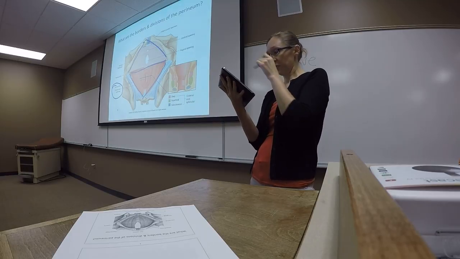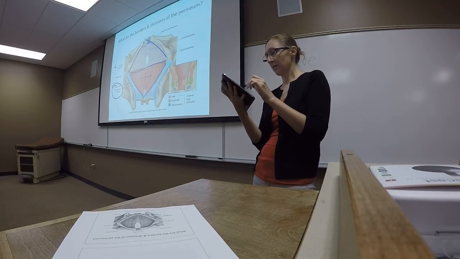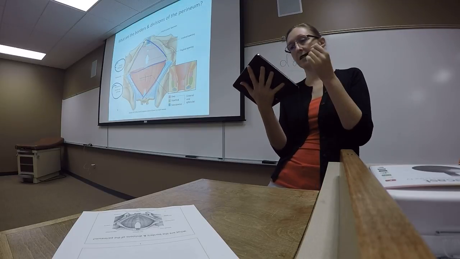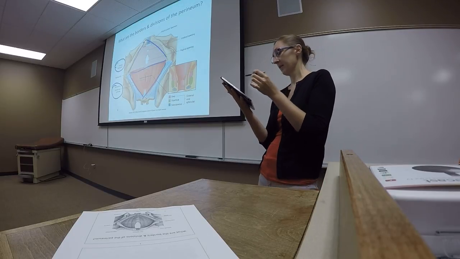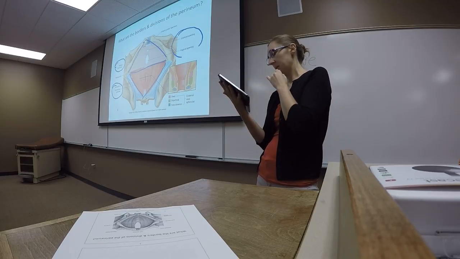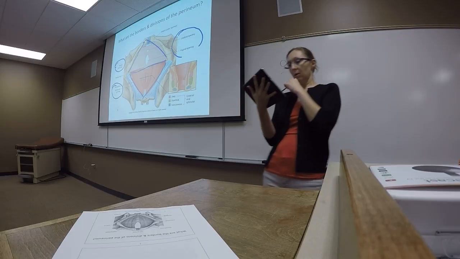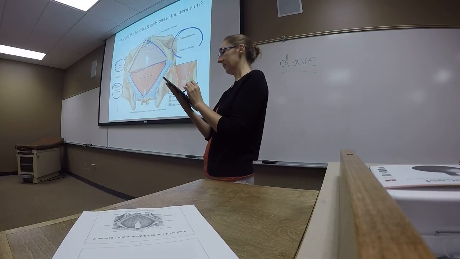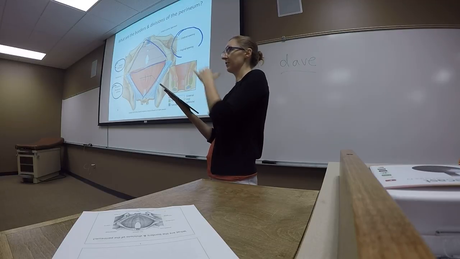The urogenital triangle contains the perineal membrane and everything contained in the deep perineal space that we've been talking about, as well as the urethral and vaginal openings. So for the anterior portion of it, the urogenital triangle.